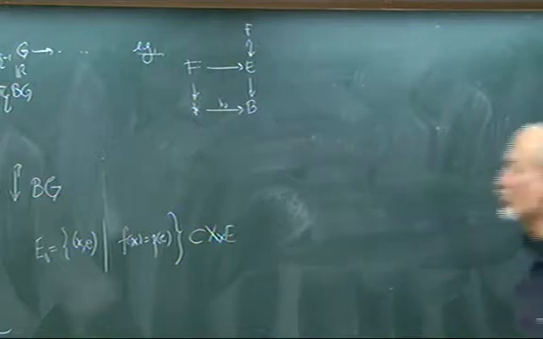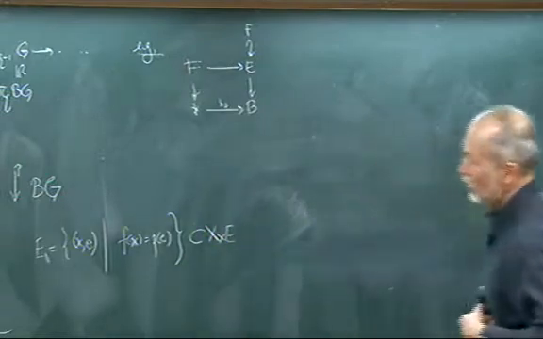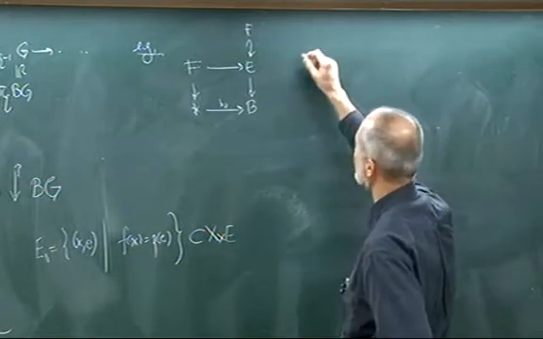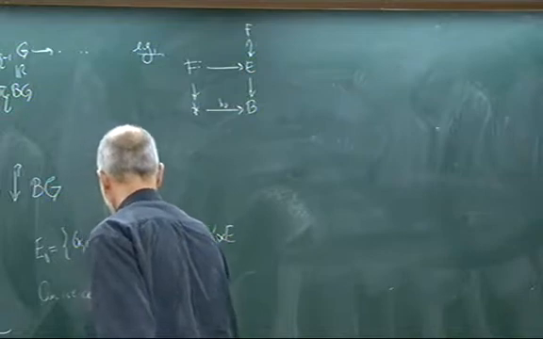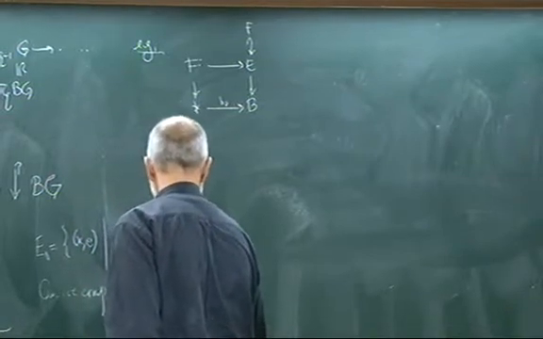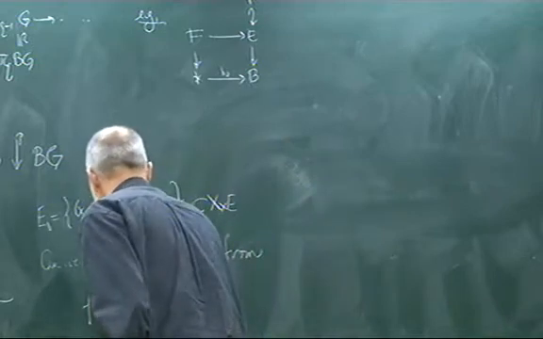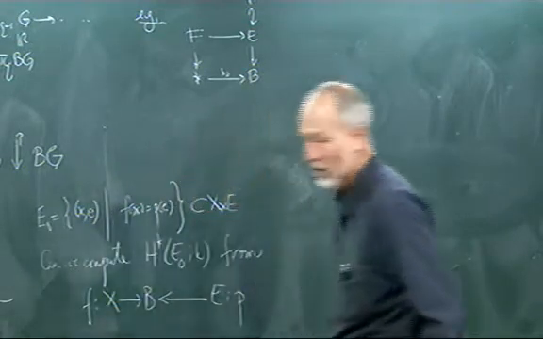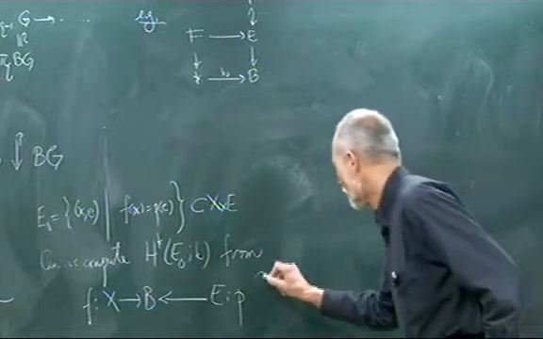So this question here is an instance of a pullback diagram, and the general question that we want to ask here is, can we compute the cohomology of E naught from the information that we have, which is f from X to B and p from E to B. So that's the situation we're in and the question we want to answer.